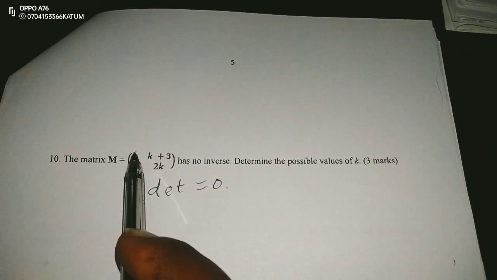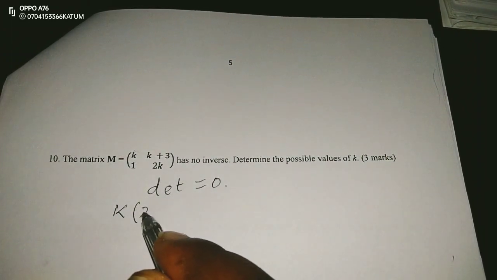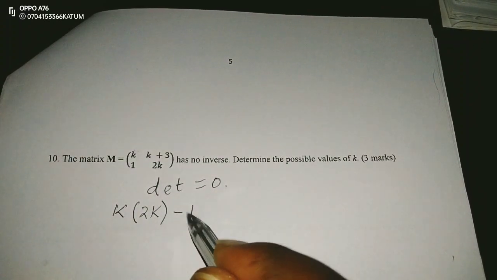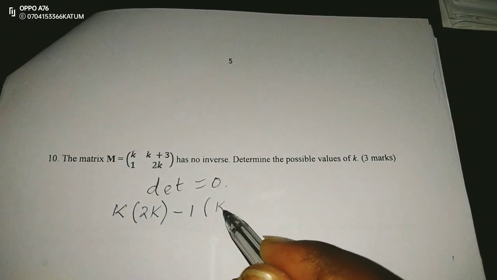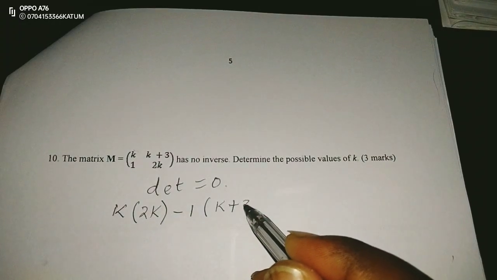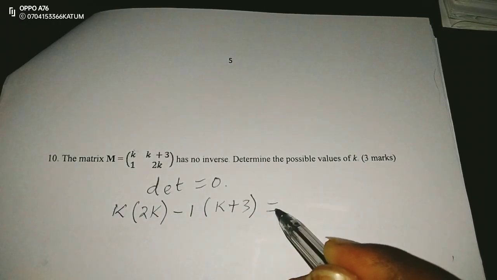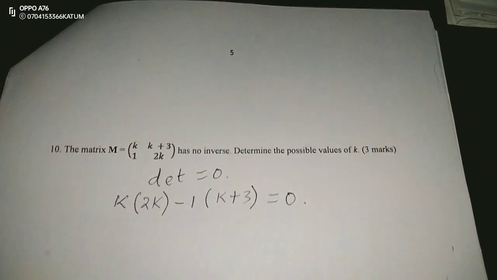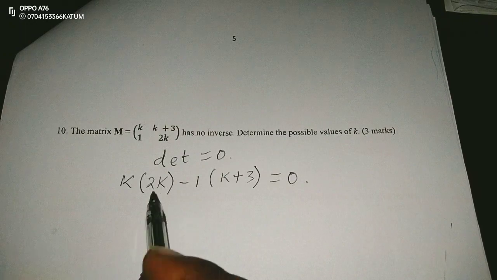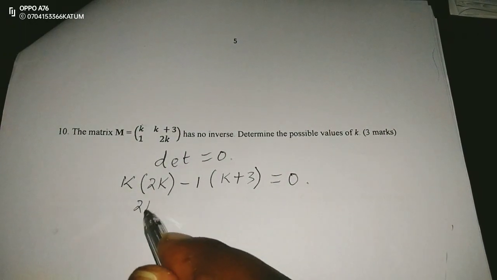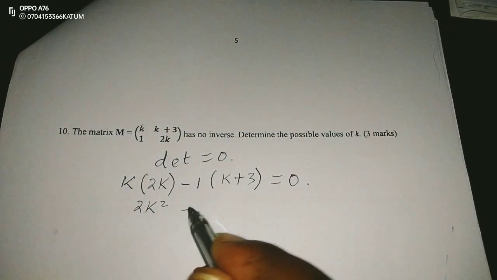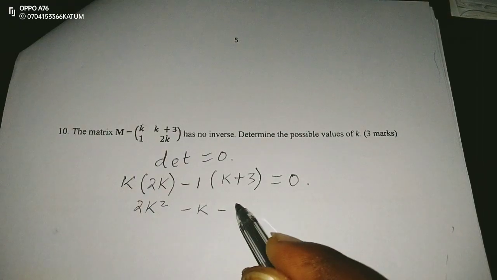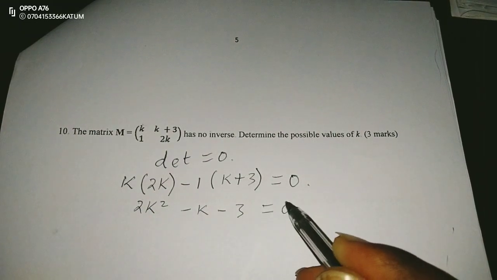So when we take K and multiply it by 2K, then subtract 1 multiplied by K plus 3, we are supposed to get 0. That is what we call a singular matrix, a matrix with no inverse. So this is going to be 2K squared minus K minus 3 equals 0.